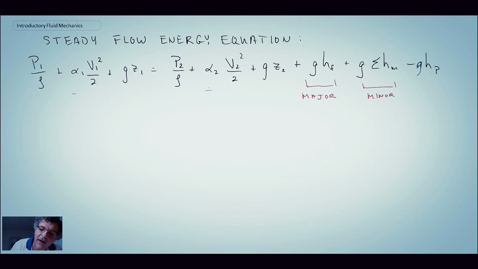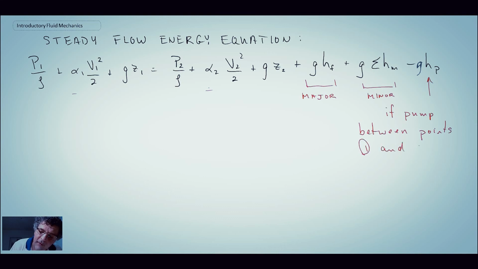And I've also added a final term here, and that would be if you have a pump between points 1 and 2, because what a pump would do, it would have an impact. It basically adds a hydraulic head to the system, and so we introduce it on the right hand side as a minus term. What that would be if we have a pump between points 1 and 2.